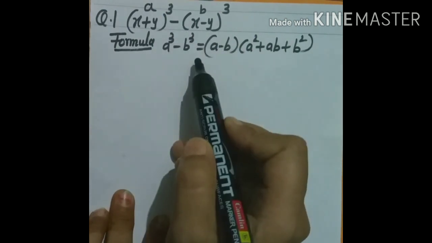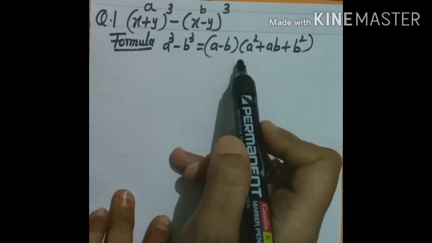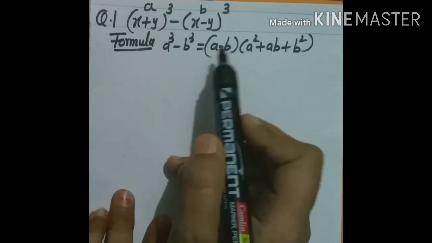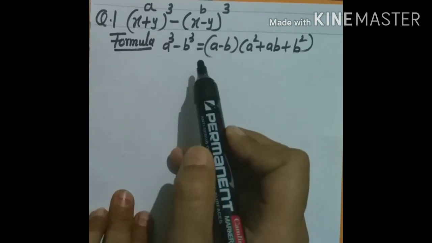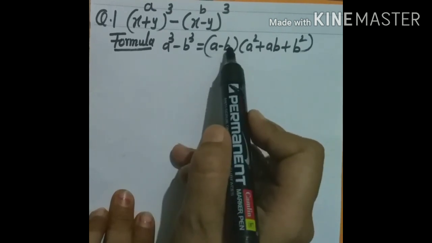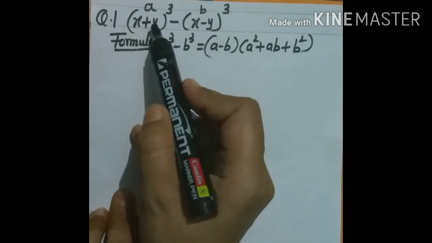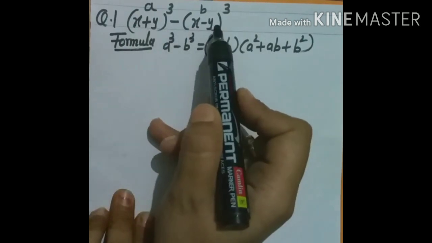In simplification, writing the formula is not necessary, children. If you want you can write it, otherwise the formula is not required. Okay children, what is the first step? a minus b, so (x plus y) minus (x minus y).